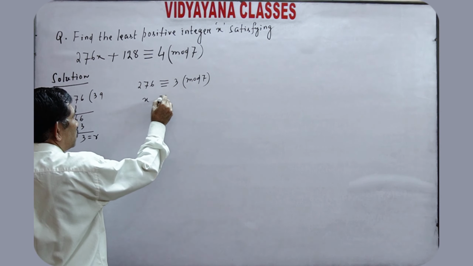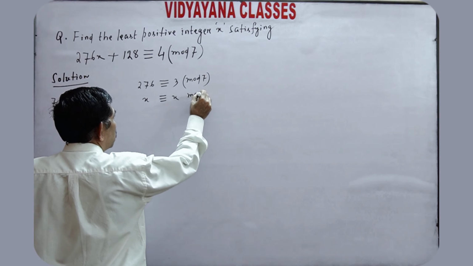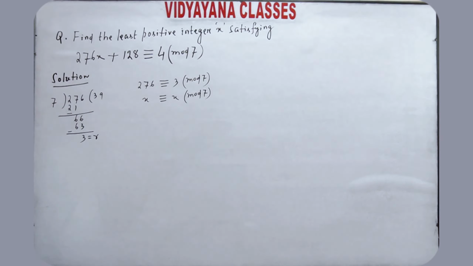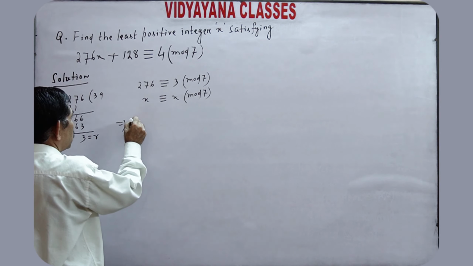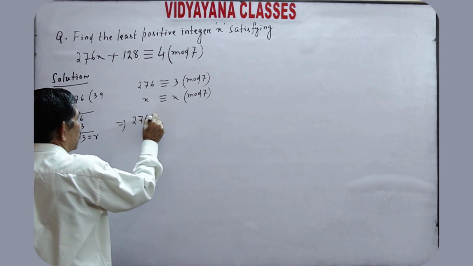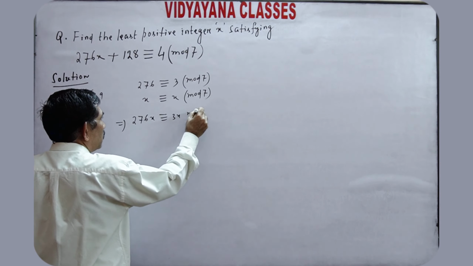x is congruent to x mod 7, since x minus x, that is 0, is divisible by 7, which implies 276x is congruent to 3x mod 7.